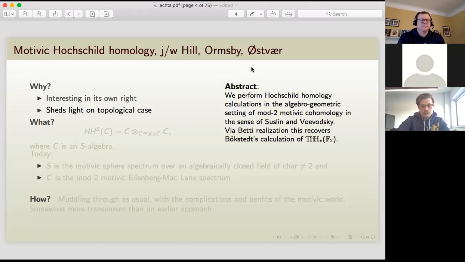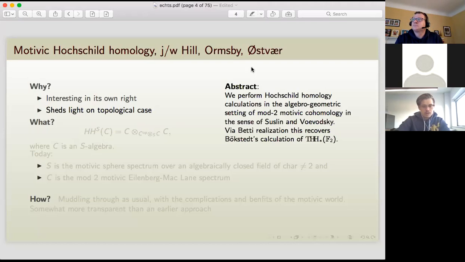And of course, this is a very small piece in an ongoing project, most of which is much more impressive than what I'm going to talk about today, on trying to use motivic methods to gain insight into things that we do not understand fully in the stable homotopy situation.